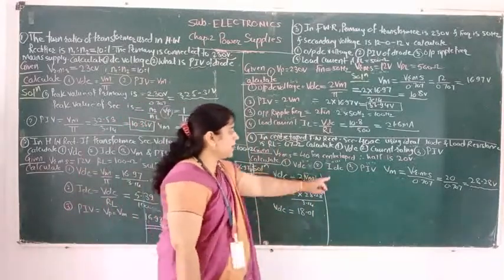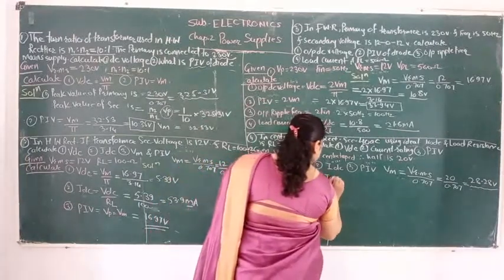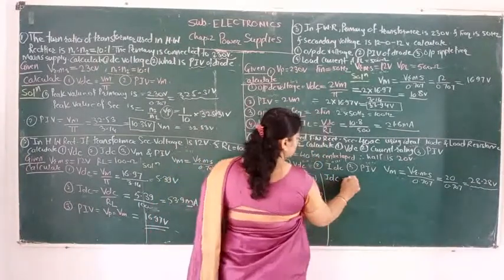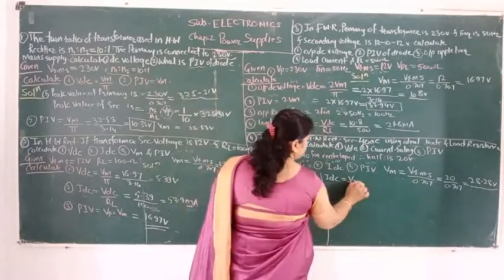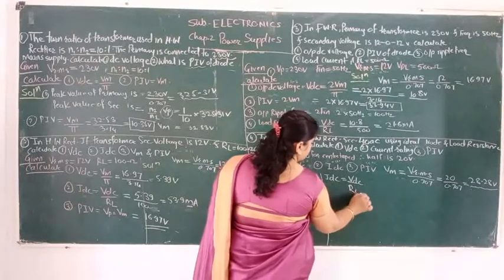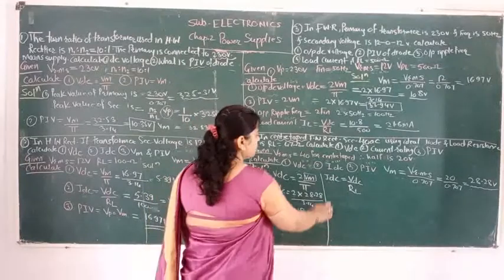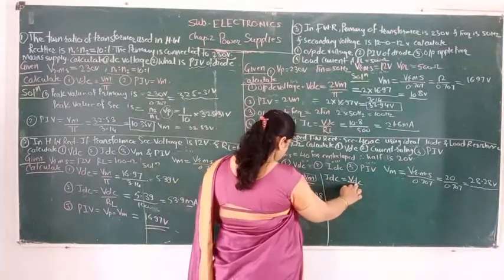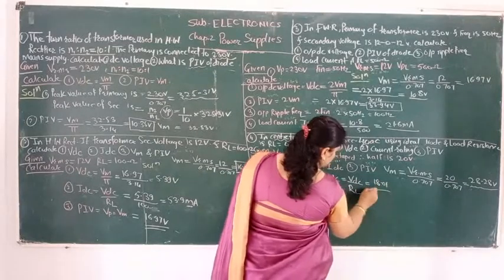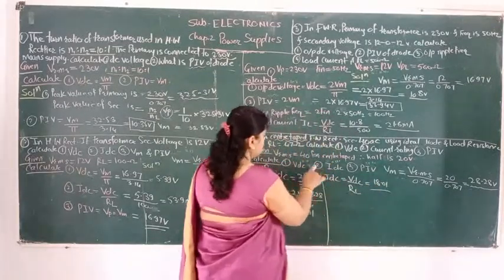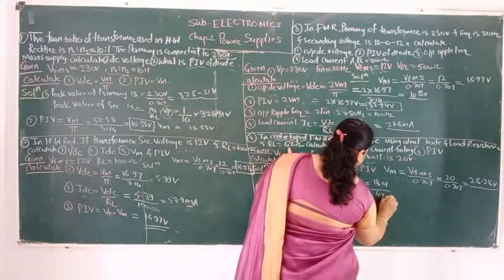Okay, now second is IDC. IDC is asked. IDC means what? It is I equal to V divided by R, isn't it? V is the VDC. So IDC is equal to VDC divided by RL. How much do we get? VDC is 18.01 and RL is given as 47 ohm.